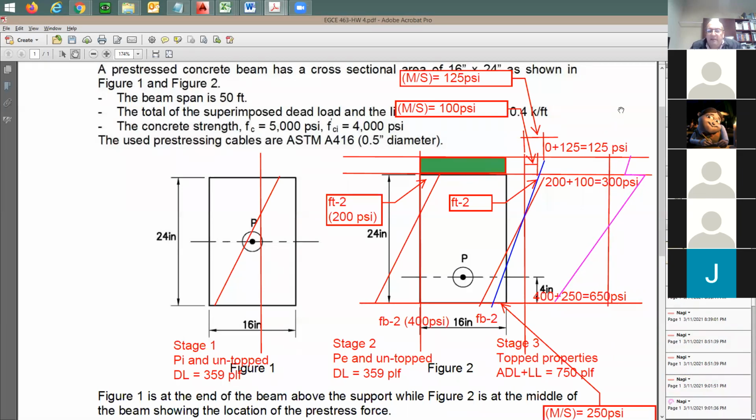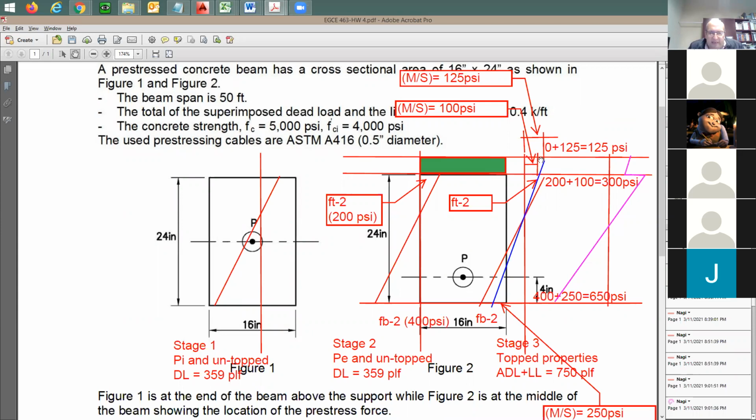So again, I'm splitting here the stress source. I'm going to repeat the whole thing again. I have here 3 stages, and based on each stage, I'm going to split the stresses.